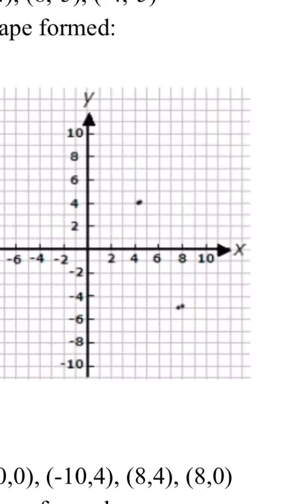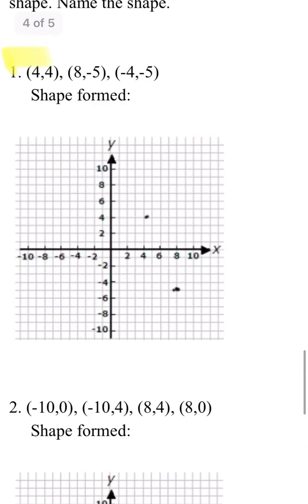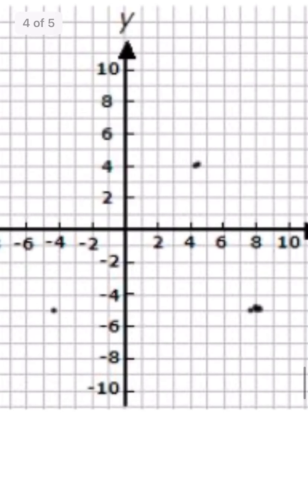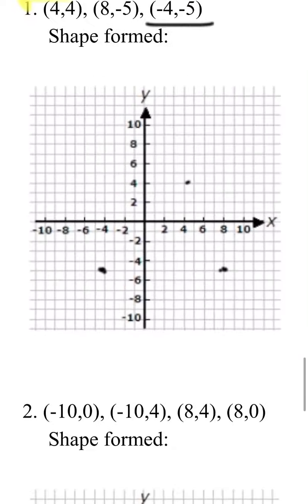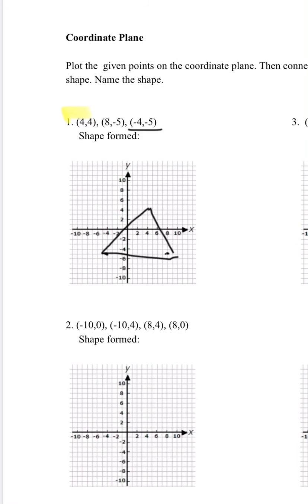Oh, sorry, it's over here. And then lastly, negative 4, negative 5 is here. Okay, and then you just connect the lines, and then what shape did it form? A triangle.